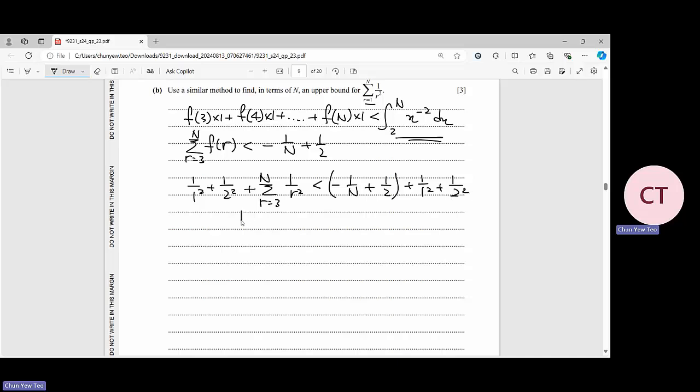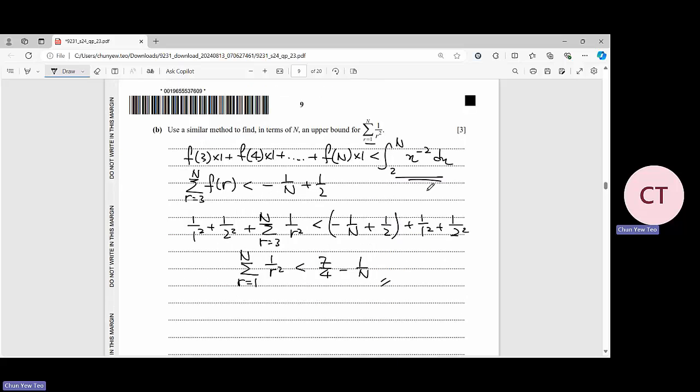If you add them together, your left hand side combines into the series that starts from r equals 1 until n. So this is 7 over 4 minus 1 over n. That will be your upper bound, just like that for part B.